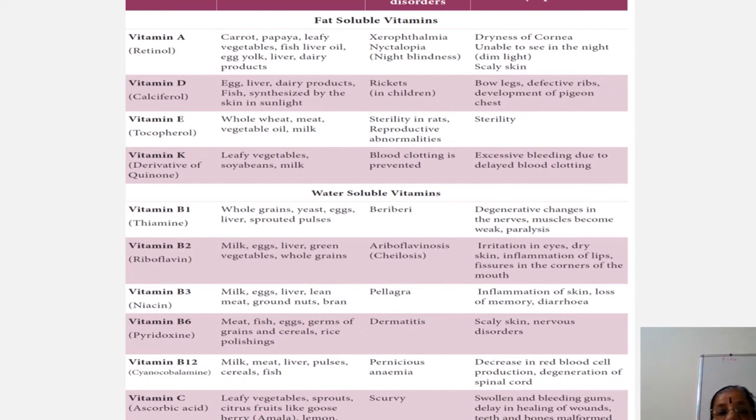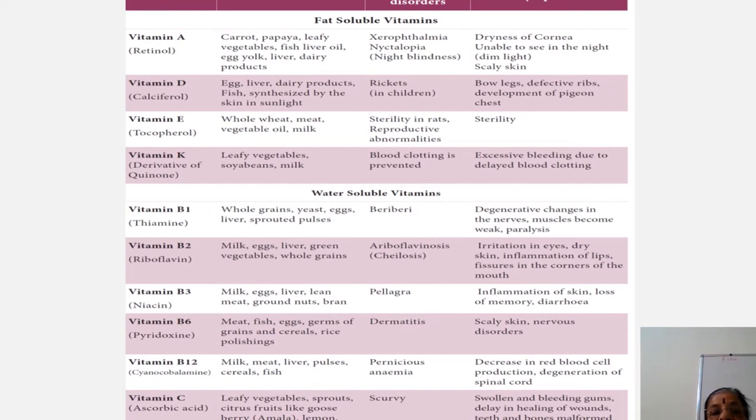Right? And due to deficiency of vitamin A, a person will suffer from deficiency disorders, xerophthalmia and nyctalopia. Nyctalopia means night blindness. At night they are unable to distinguish colors. They could not see in dim light.